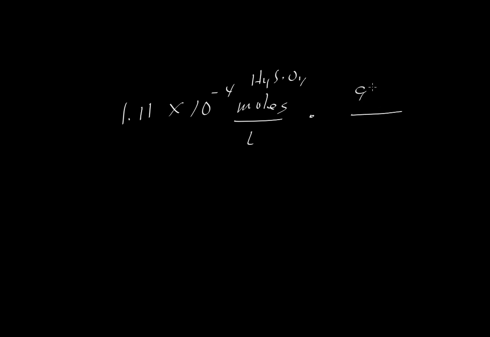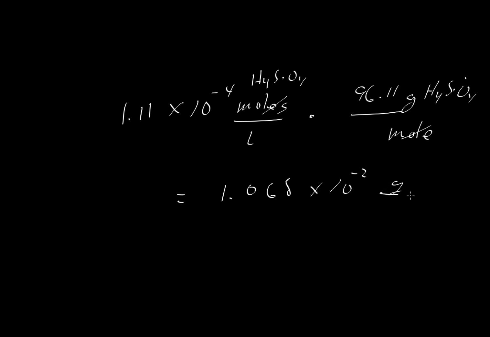There are 96.11 grams of H4SiO4 per mole of H4SiO4. So the moles will cancel. 1.11 times 10 to the minus 4 times 96.11 will give us about 1.068 times 10 to the minus 2 grams per liter.